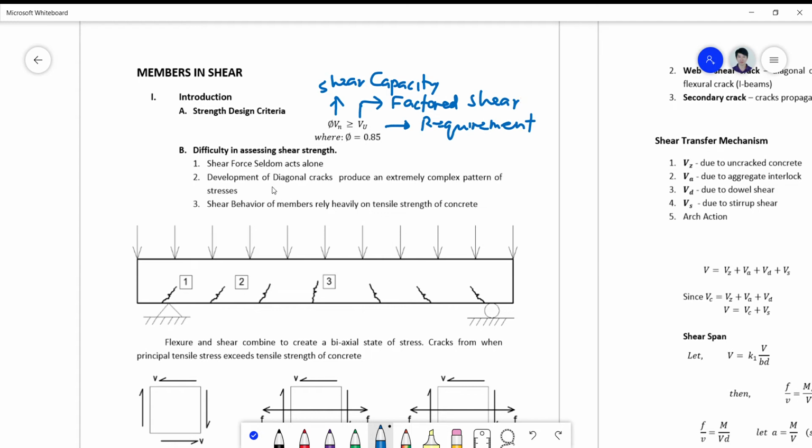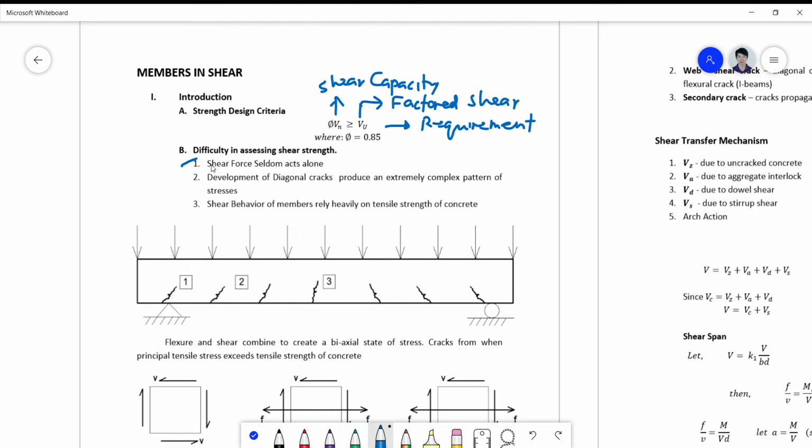So first, shear seldom acts alone. We cannot isolate the behavior of shear without analyzing the other aspects of beam behavior, such as moment and maybe torsion later.